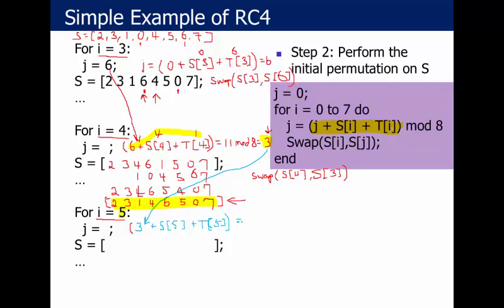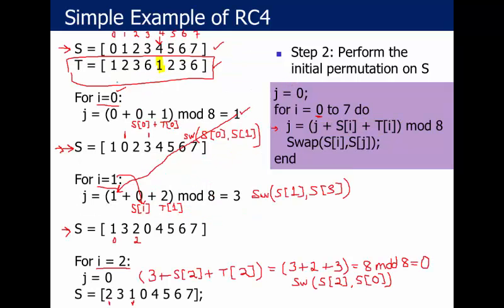So that is 3 plus S of 5. 0, 1, 2, 3, 4, 5. This is S of 5. That is 5. Plus T sub 5. Then we need to go back, 0, 1, 2, 3, 4, 5.